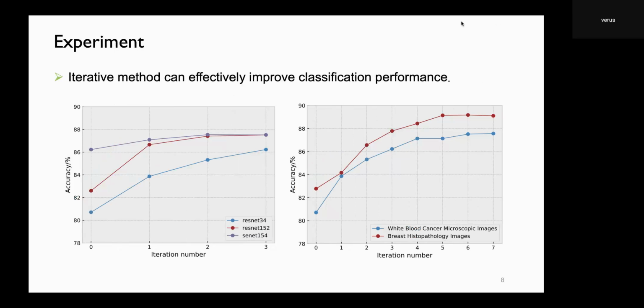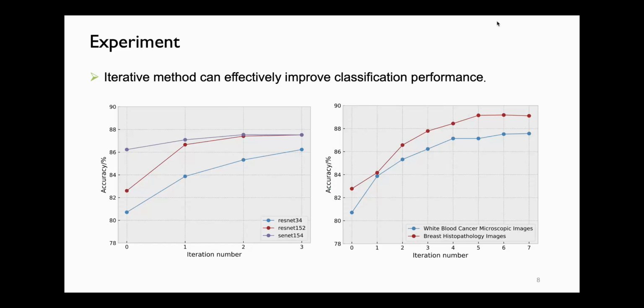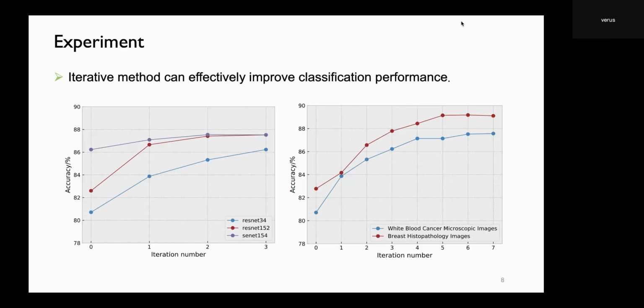Similar findings are observed with the breast dataset in the right images. We can see the accuracy becomes higher as the iteration number increases.